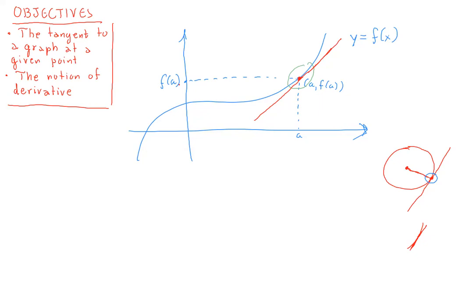So that is going to be called the tangent to the graph at the given point a comma f of a. So this will be the tangent to the graph at the point a comma f of a.